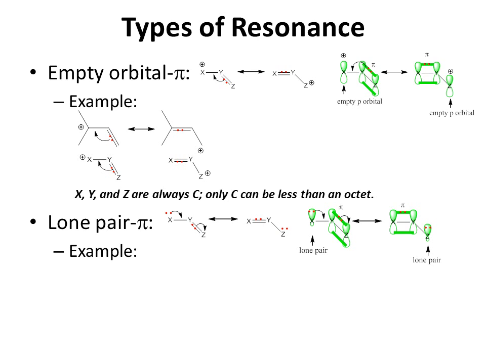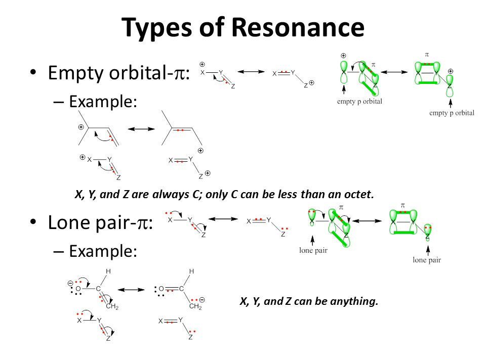So in an example, the oxygen atom is X. It creates a pi bond to carbon that knocks out a pair of electrons between the 2 carbons, that pi bond, so that that lone pair ends up on the terminal carbon as a negative charge. X, Y, and Z can be anything in this scenario.